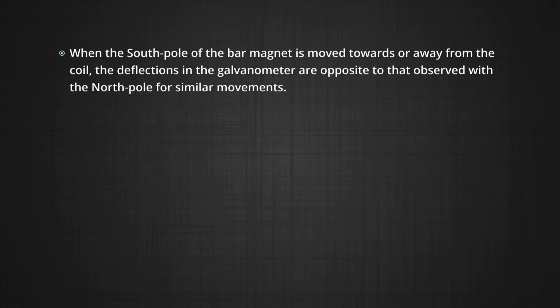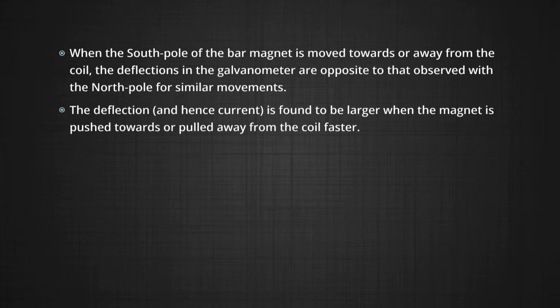When the south pole of the same bar magnet is moved towards or away from the coil, the deflections in the galvanometer are opposite to that observed with the north pole for similar movements. The deflection and hence current is found to be larger when the magnet is pushed towards or pulled away from the coil faster.